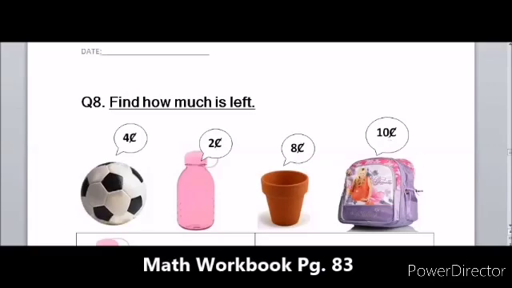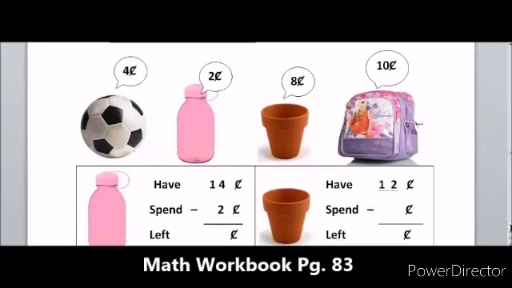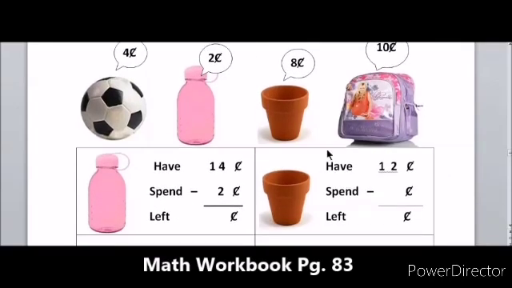So what we have to do is, if you are going to buy this in a shop, see the first example, you are going to buy this water bottle, okay? Now you have 14 cents with you. And what is the cost or the price of this water bottle? It is 2 cents. So you have to give 2 cents to the shopkeeper to buy this.